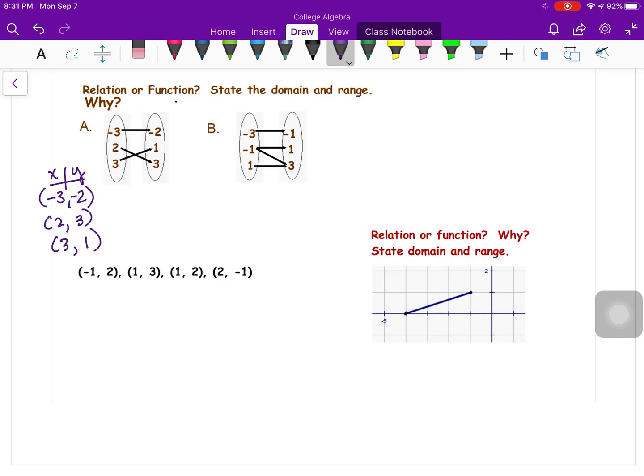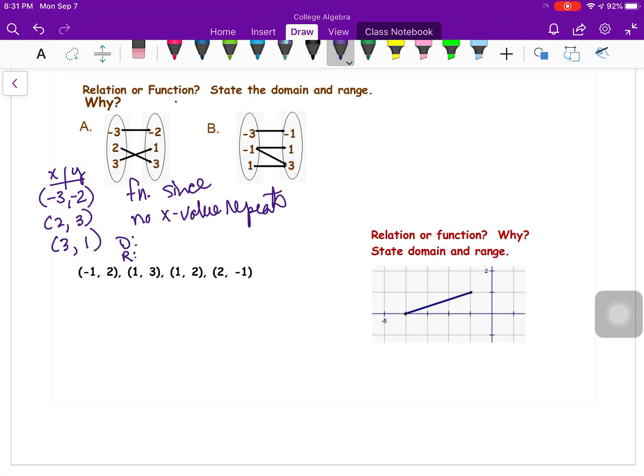My X's are -3, 2, 3. They are unique, do not repeat. So this is a function since no X value repeats. Then it asks for domain and range.